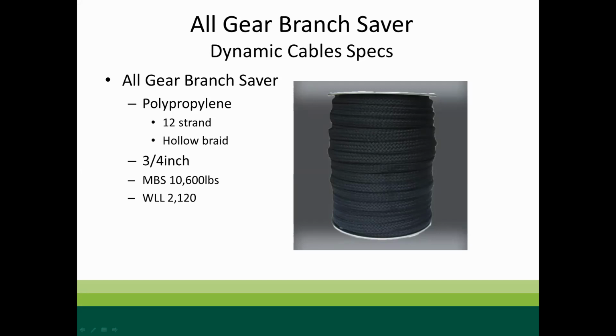The MBS rating, the minimum breaking strength, that's the minimum amount of force you need to break the cable in a straight pull, comes in at 10,600 pounds. And the working load limit is the load that you don't want to go above if it's constant over the lifespan.